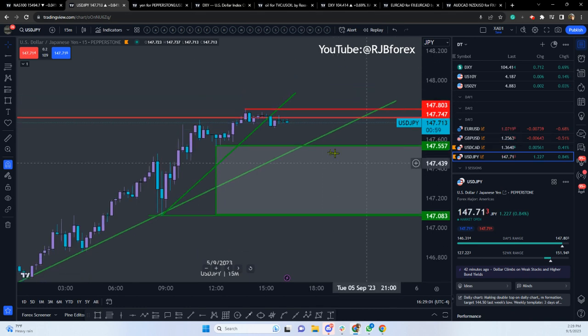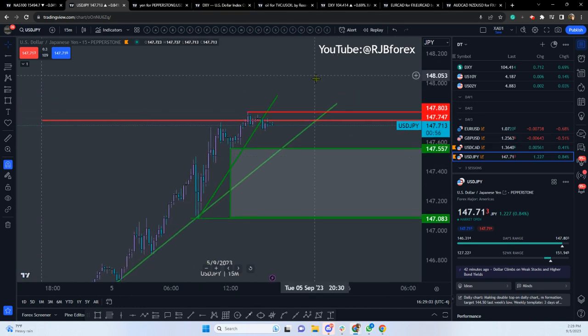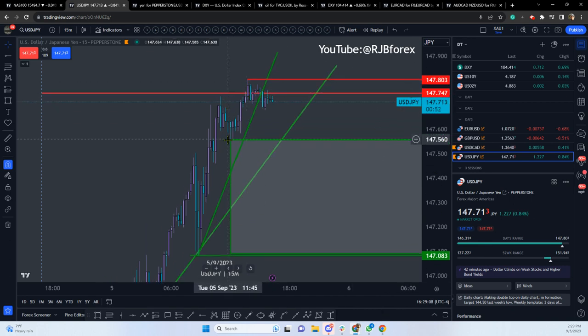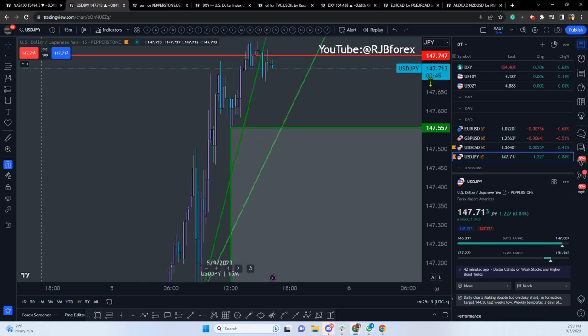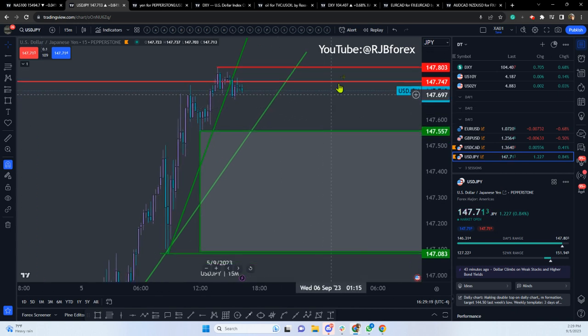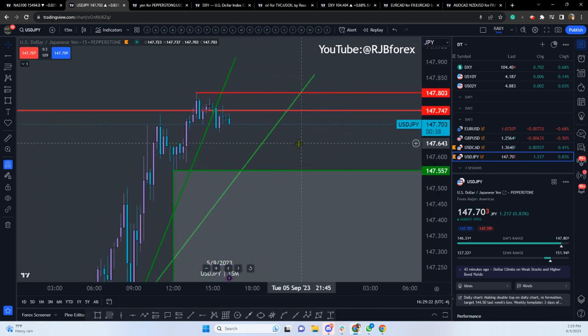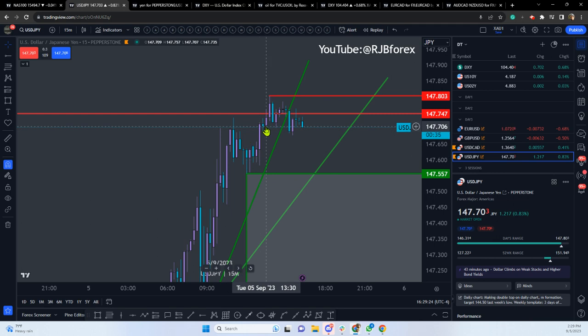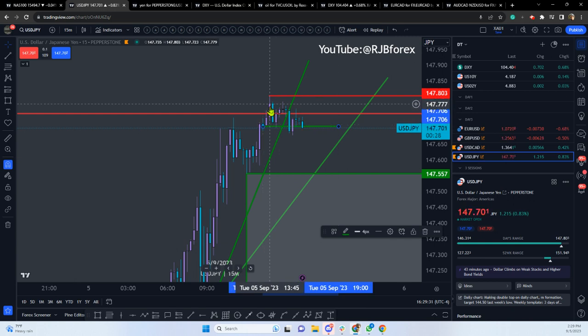Dollar yen, same scenario. So we've got our high over here. We've got our lowest high before that high over here. That's 147.55. So that is the structural point. However, you wouldn't be too wrong in regarding this here as trap volume, potentially up high.